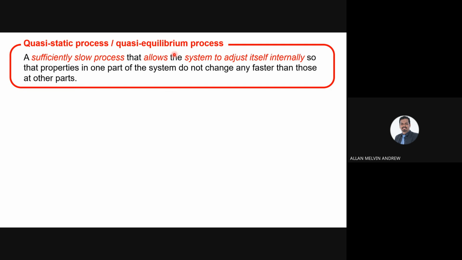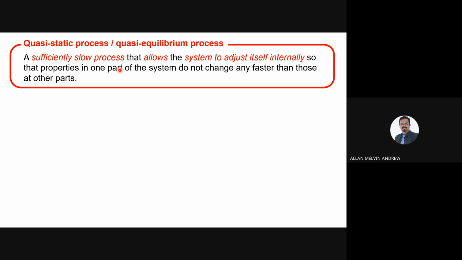So quasi equilibrium process is a process which gives you a sufficiently slow process change. Let's say you are walking from Putra campus to Kangar. It will be a very slow path, but it will give you more time to analyze.